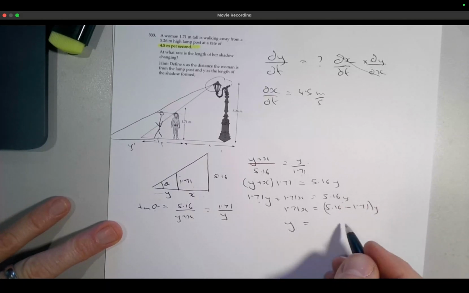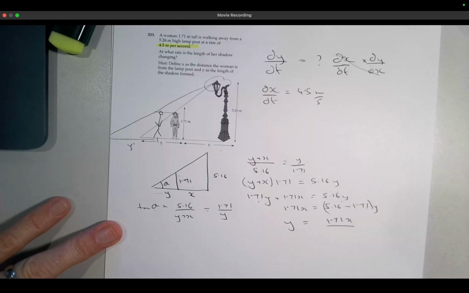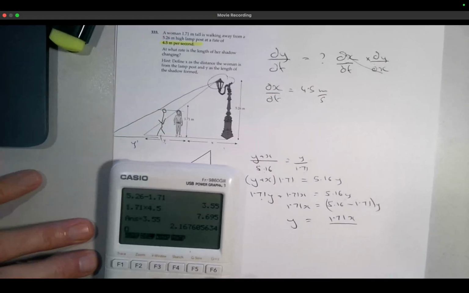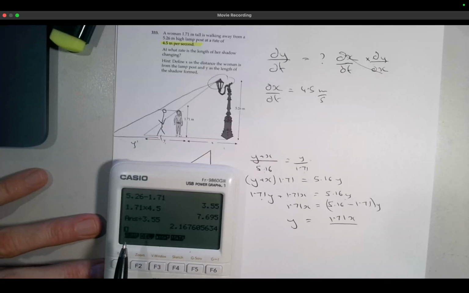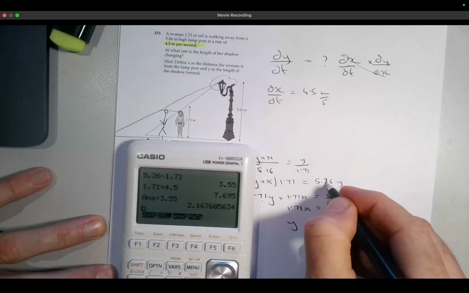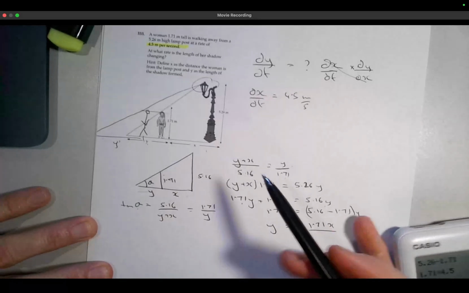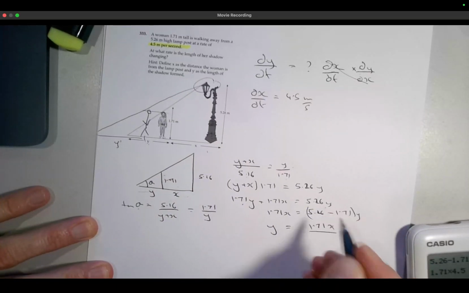So we've basically got an expression that says 1.71x over the difference of those two, which I think is not correct here. Hang on, let's just check. Nope, it's 5.26. I just spotted that mistake. That's annoying.